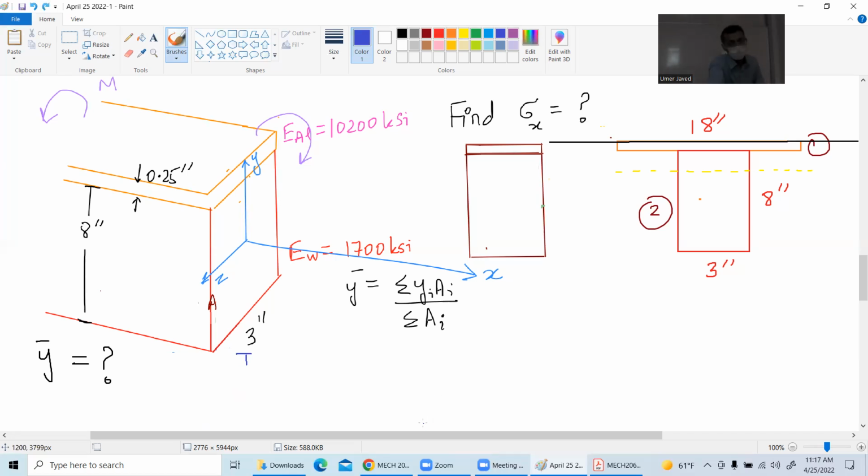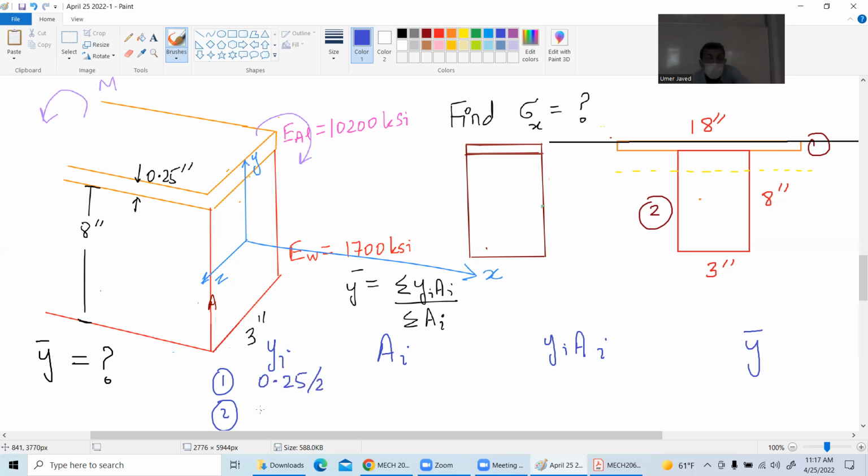I forgot that I am telling you how to calculate that one. For sections 1 and 2, I have YI, then AI, then YI AI, and then I have to give you Y bar. YI is 0.25 divided by 2 for the first section and 4.25 for the other one.